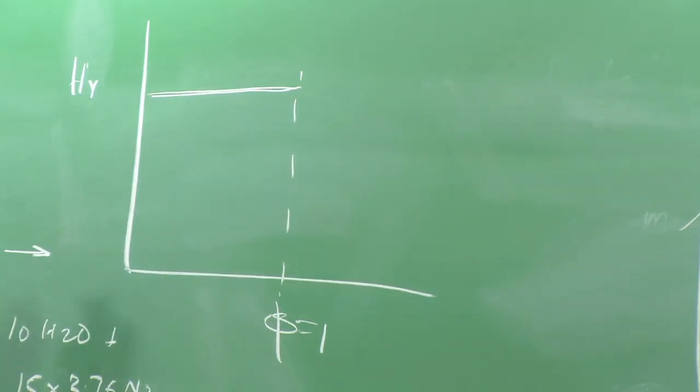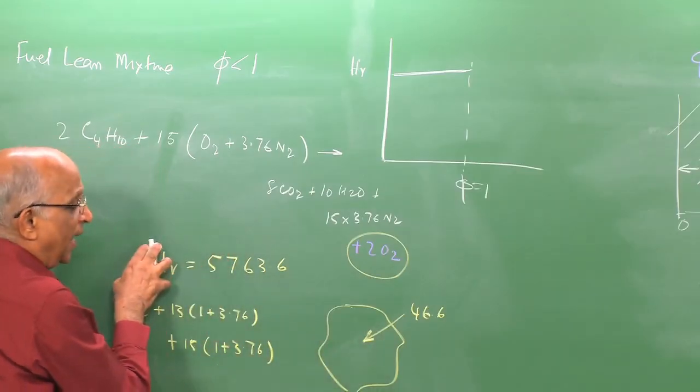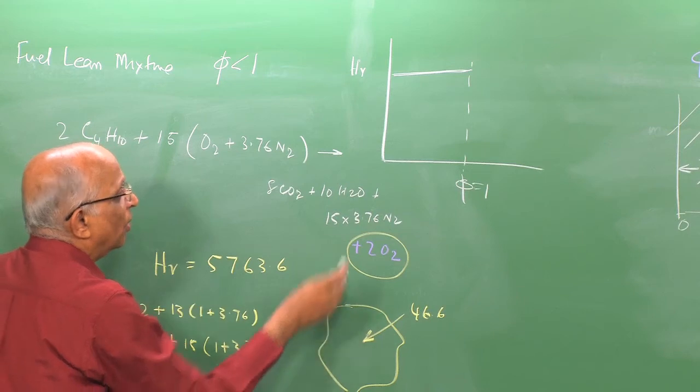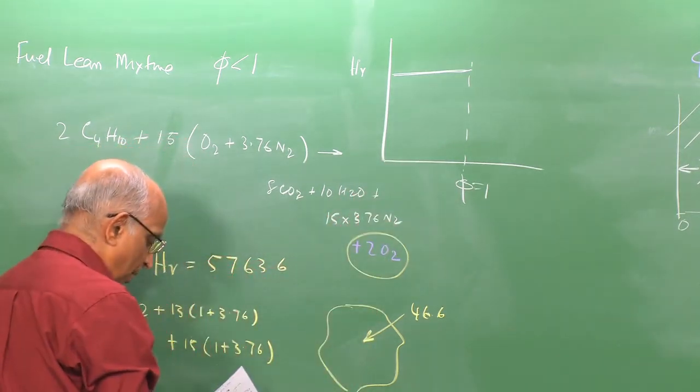But if I want to find out the energy liberated for a given volume or for a given mass, the number of moles in the reaction goes up, and therefore for a given number of moles, the amount of heat release comes down.